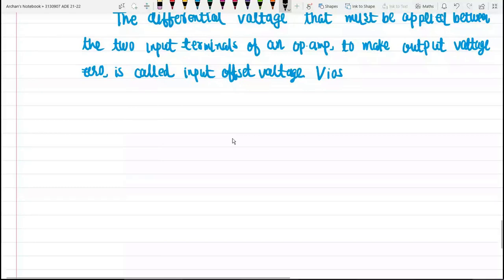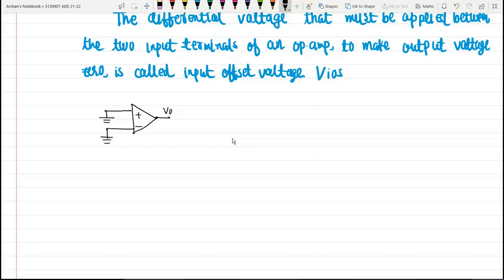Okay, so let us try to understand this thing graphically. See, we have one operational amplifier circuit whose both the input terminals are grounded. That means the potential available here is 0. Okay, so the difference voltage is ideally equal to 0. So what should happen to the output voltage? Output voltage should also be equal to 0.